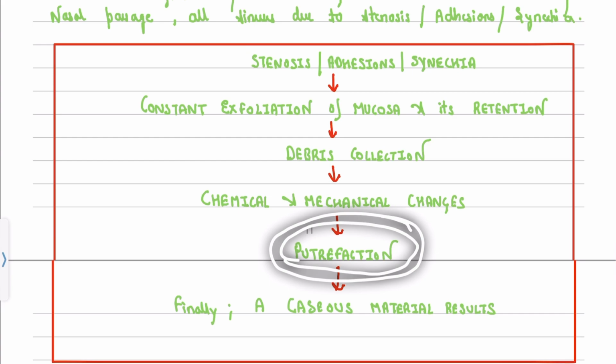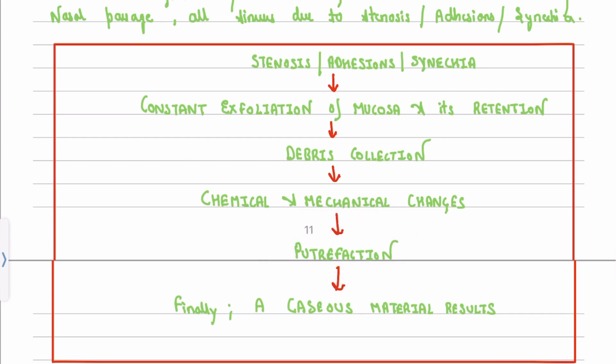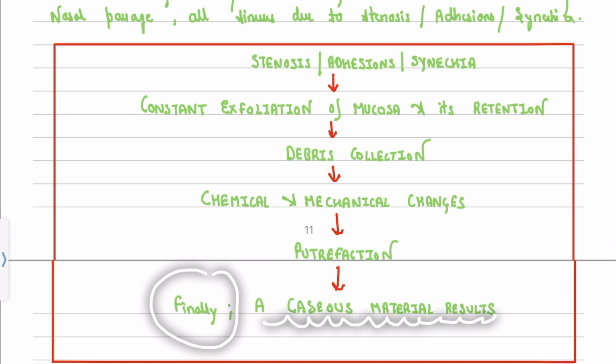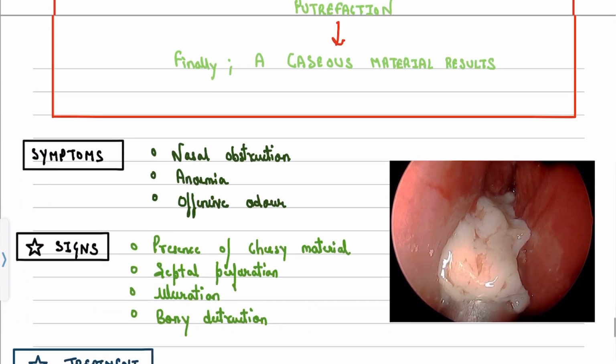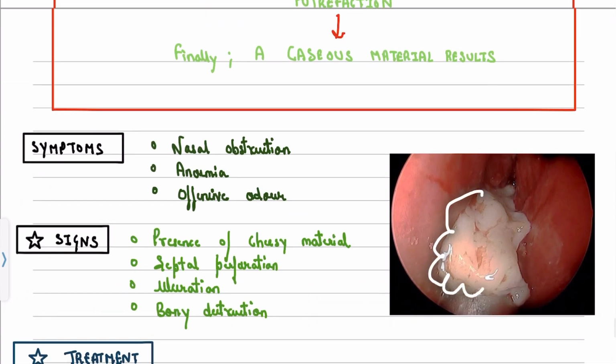This putrefaction leads to a foul smelling odor. Finally, a caseous material results in the nasal cavity. I have added the image. So this right here is the white cheesy material that is collected in the nasal cavity.